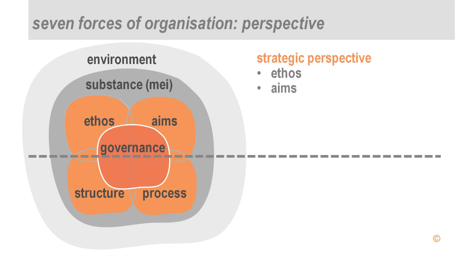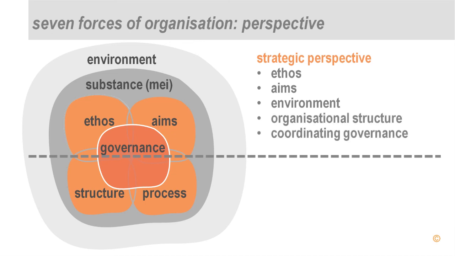That's true for both the activity and entity systems. It also emphasizes changes in the environment, because changes in the environment often enforce a change in ethos and a change in aims. And the strategic perspective also looks at the correct structure and the coordinating governance.